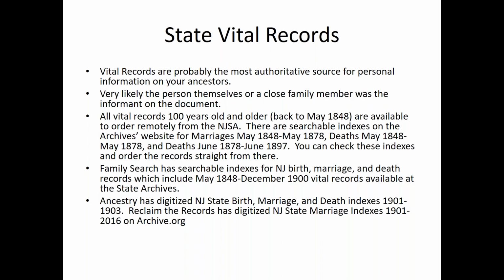There are searchable indexes, as I mentioned, on the archives website for marriages, which cover May of 1848 to May of 1878, deaths, May of 1848 to May of 1878, and deaths, June of 1878 to June of 1897. You can search these indexes directly and place your orders from there.